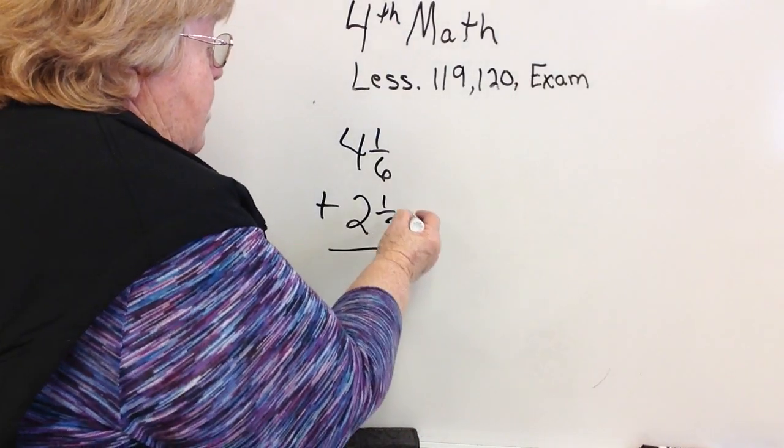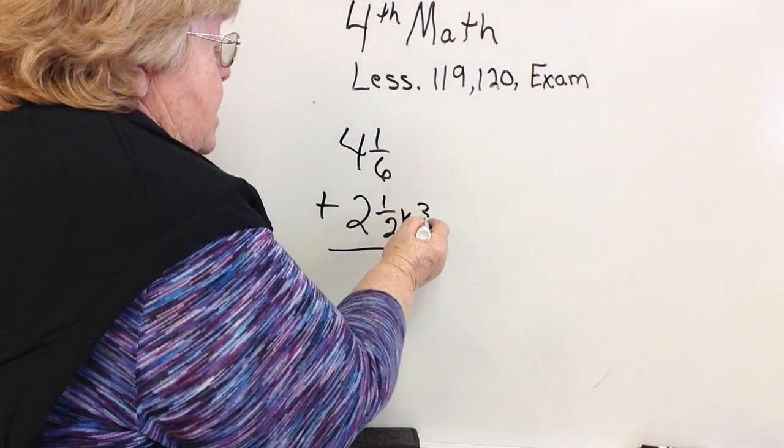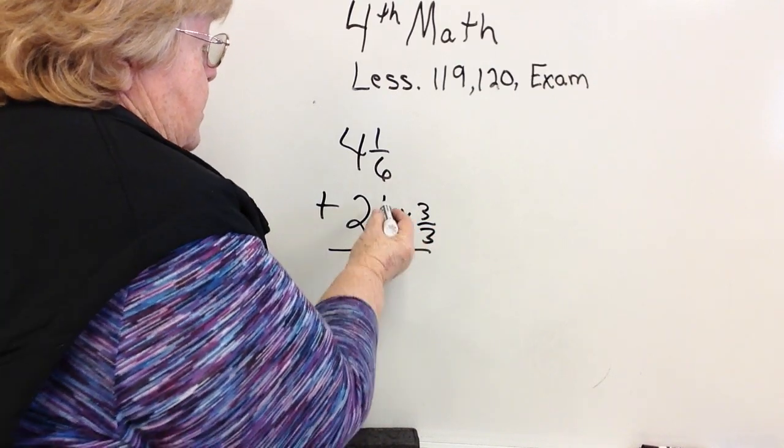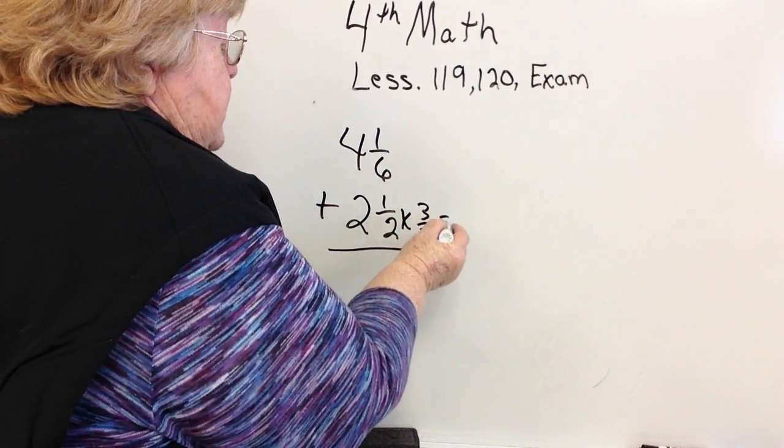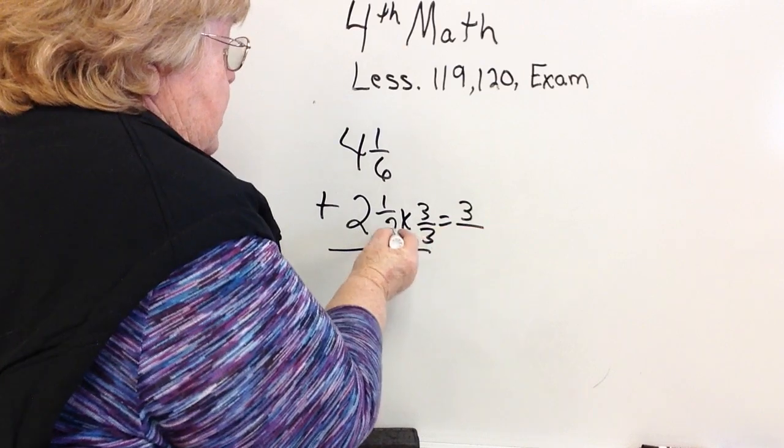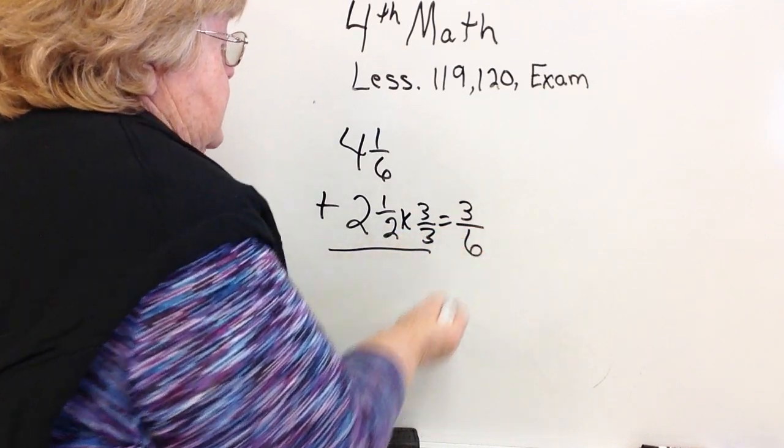So how are we going to do that? We're going to multiply it times 3/3. So 3 times 1 equals 3. 2 times 3 equals 6.